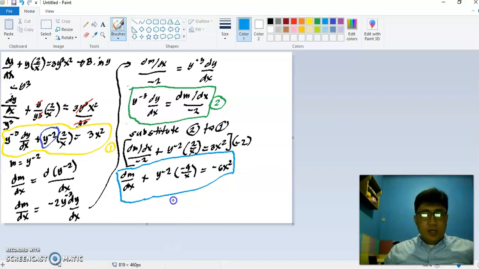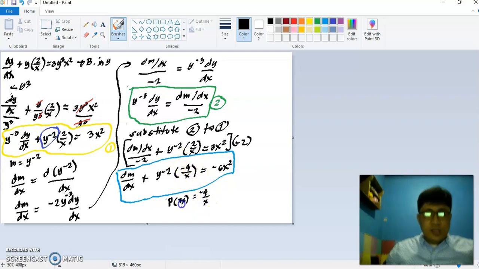So again, from here it is clearly we could see that our P(x) is equivalent to this one, negative 4 over x. So this is our P(x).